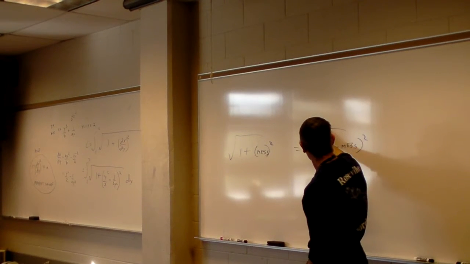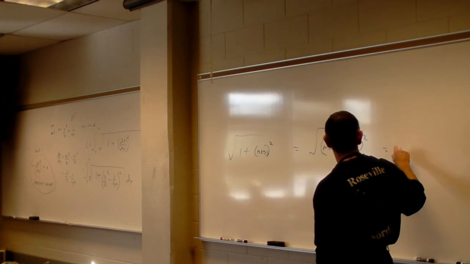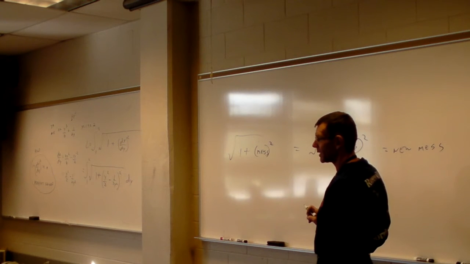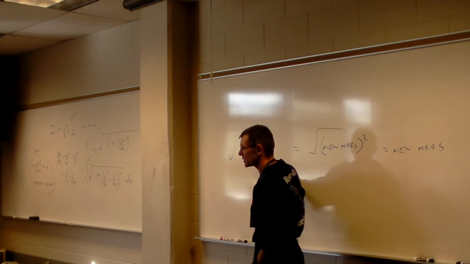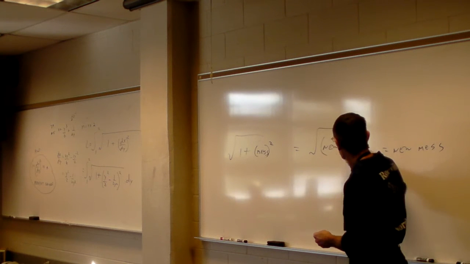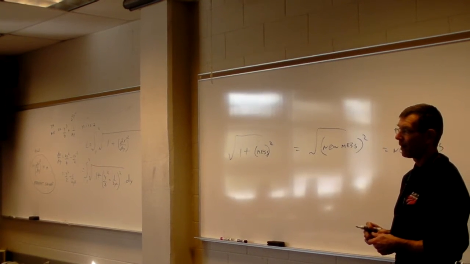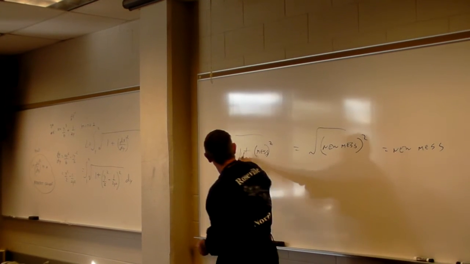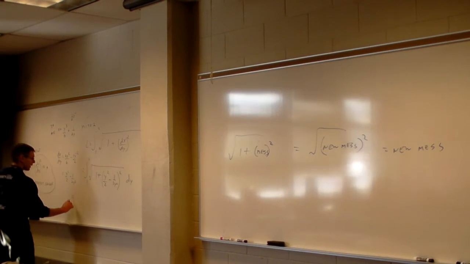If we take the square root of the new mess that is squared, what does it give us? Just the new mess without any square root. So that's why it's going to be nice: if that 1 plus something squared, expanded out, becomes a perfect square, we can take the square root of it and it simplifies. Are we okay with the concept? That's what we're trying to do, make this thing here become a perfect square. All right. So now it's just algebra.